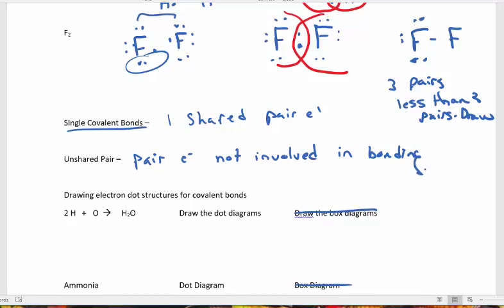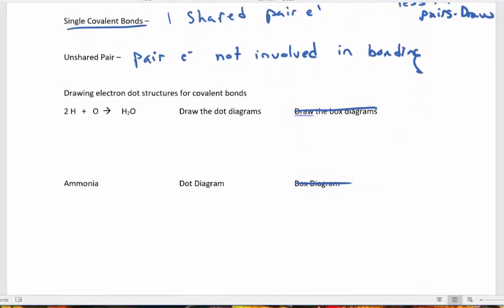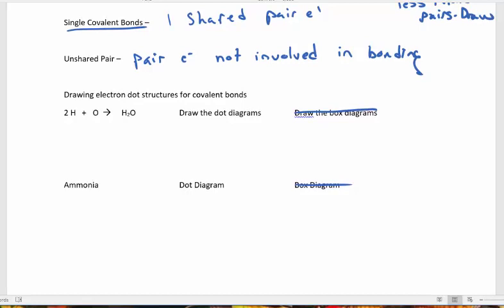It's that simple. All right, let's take a look at a couple of molecules here. We'll take a look at water and ammonia. Water is made up of hydrogen, oxygen, and hydrogen. So you're going to take 2 hydrogens, each with 1 valence electron, and then you've got your oxygen with 1, 2, 3, 4, 5, 6 valence electrons.